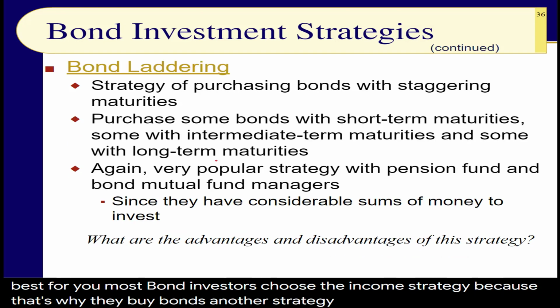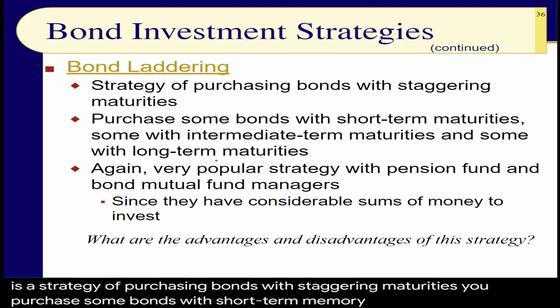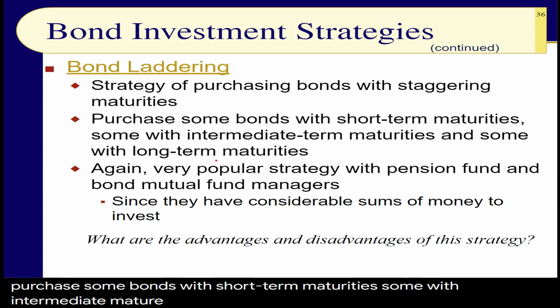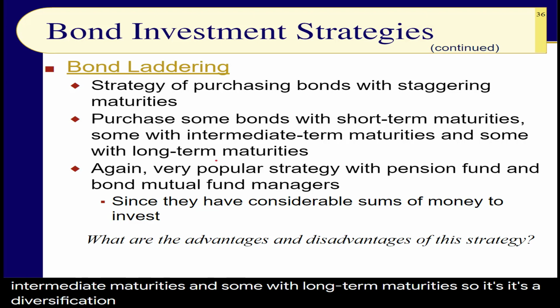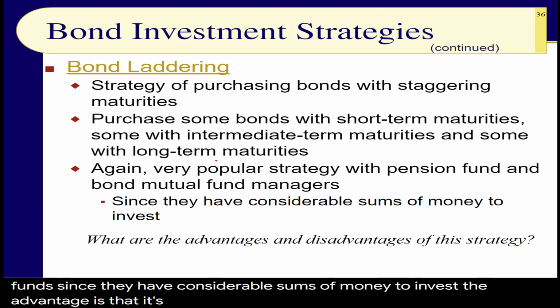Another strategy is called bond laddering. This is a strategy of purchasing bonds with staggering maturities. You purchase some bonds with short-term maturities, some with intermediate maturities, and some with long-term maturities. So it's a diversification strategy. Again, it's very popular with mutual funds and pension funds, since they have considerable sums of money to invest. The advantage is that it's diversified. The disadvantage, it's diversified.